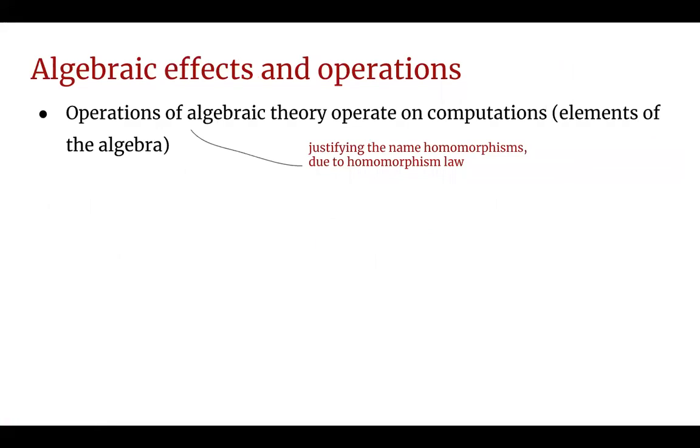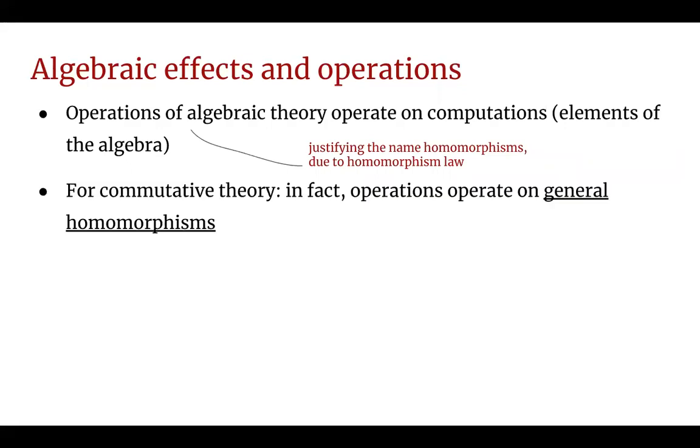Okay, so now generally we can apply the operations of an algebraic theory in such a linear language only to computations. So that means that we can apply the operations to elements of the algebra. Which justifies the name homomorphism.